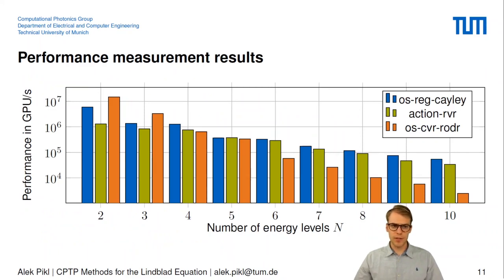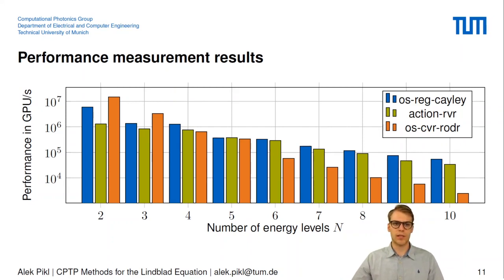Here are our results. In the graph, on the x-axis, you see the number of energy levels n going from 2 to 10. On the y-axis, you can see our measured performance in grid point updates per second. This is on a logarithmic scale. And then you can see the 3 different methods in 3 different colors.